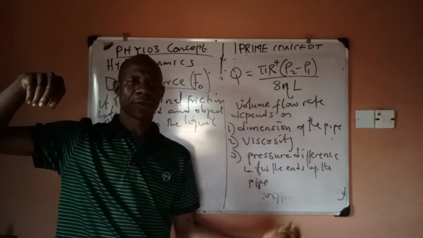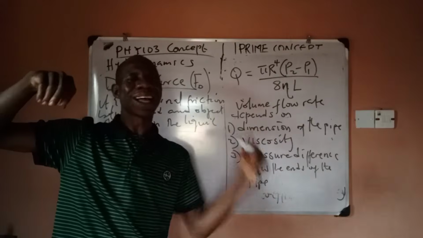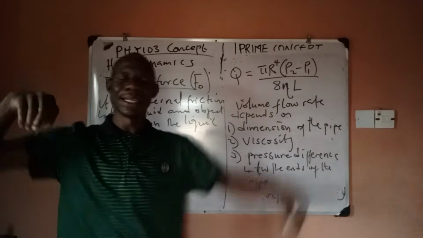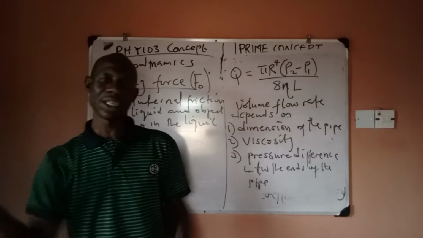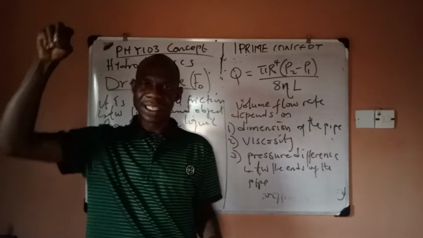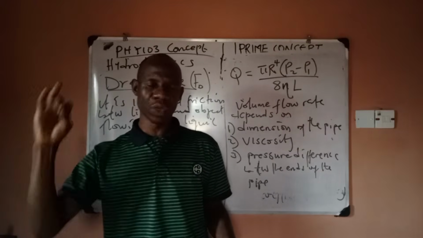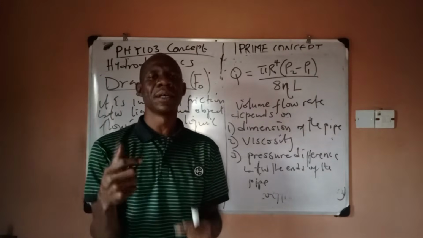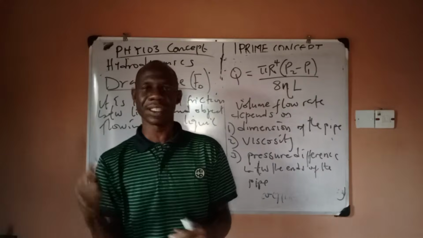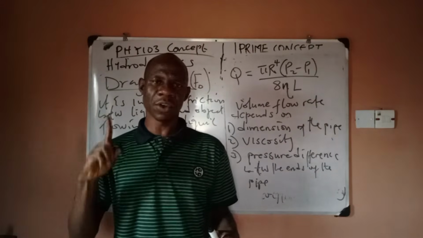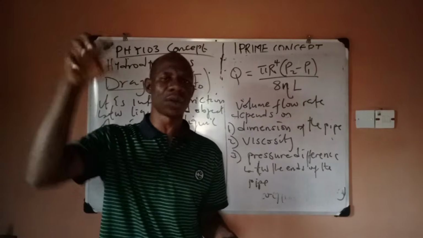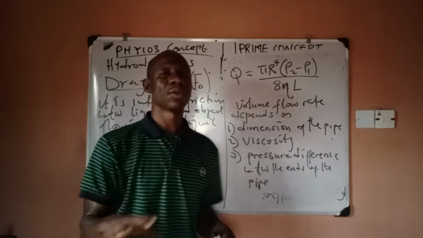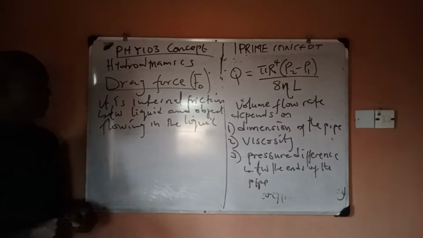Because the drag force between water and that object is lower than the drag force between engine oil and the object. So what is making the object slow in engine oil is what you call drag force. That is the internal friction between that engine oil and the ball. So the force that opposes the motion of the ball inside a fluid is what you call drag force, right?